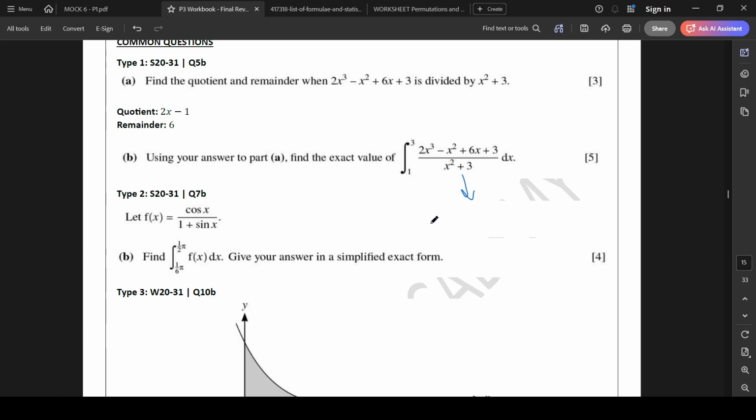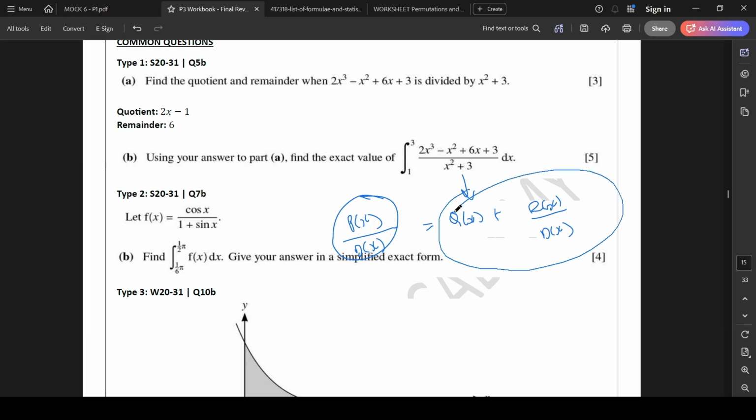This is the same as writing quotient plus remainder over divisor. This is the same as writing the polynomial in the numerator divided by the divisor in the denominator. How do we get this? This comes from the chapter on polynomials.